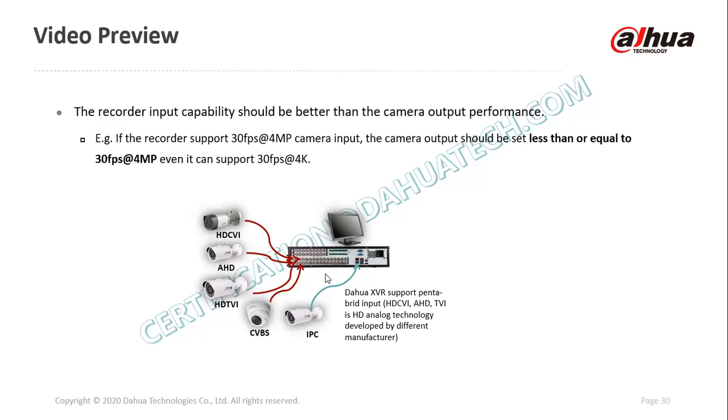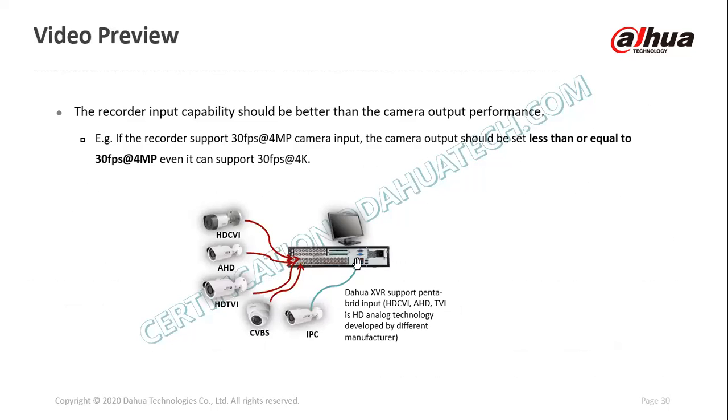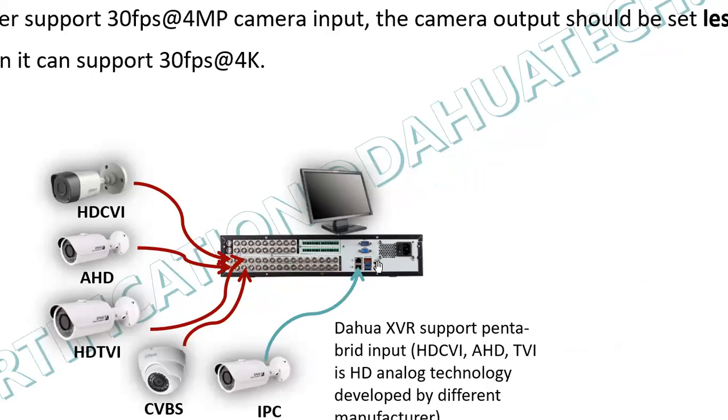You can see you connect to VGA or HDMI at the bottom one. And if you're connecting analog cameras, the cable comes directly and connects here.